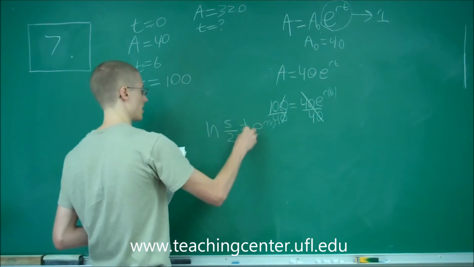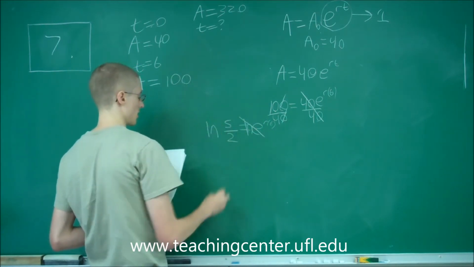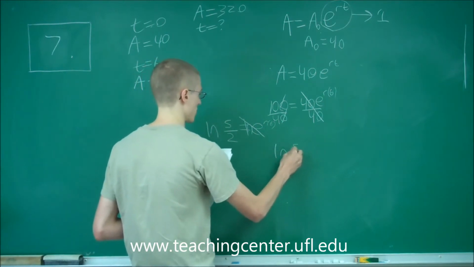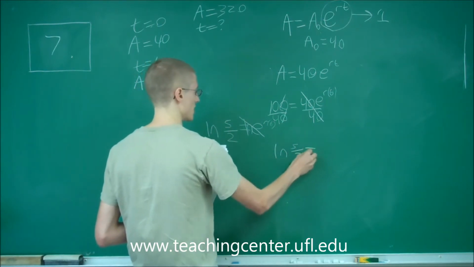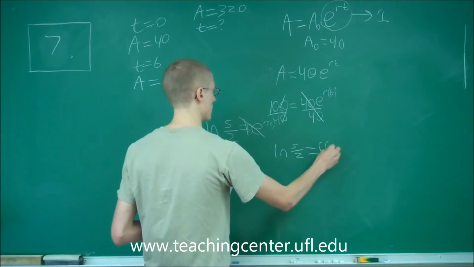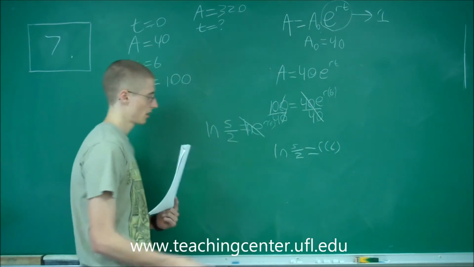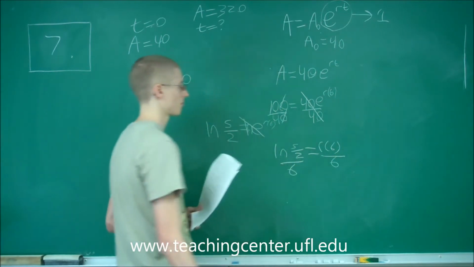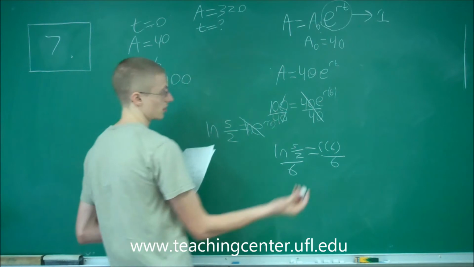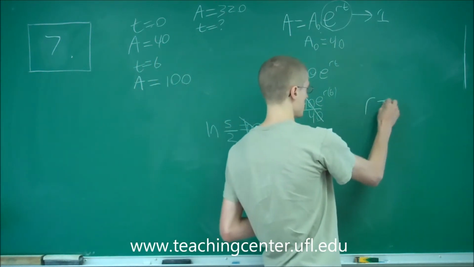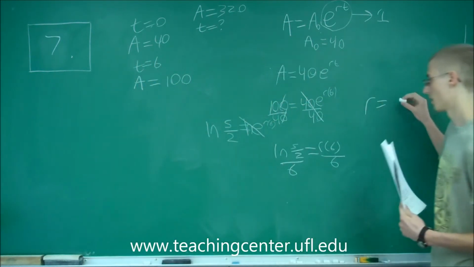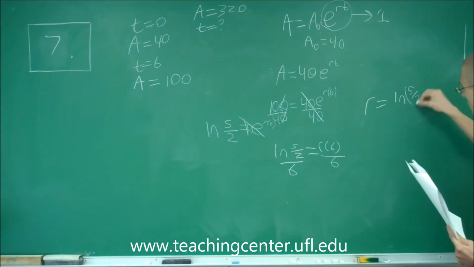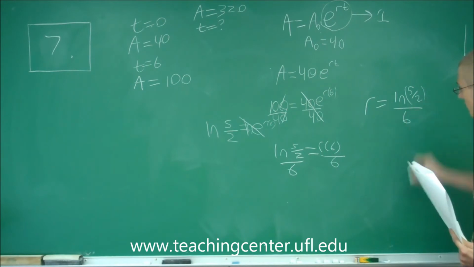ln both sides, get rid of the e. And we're left with natural log of 5 halves equals r times 6. Divide the 6 over, and we are left with our r. So r equals the natural log of 5 halves divided by 6.